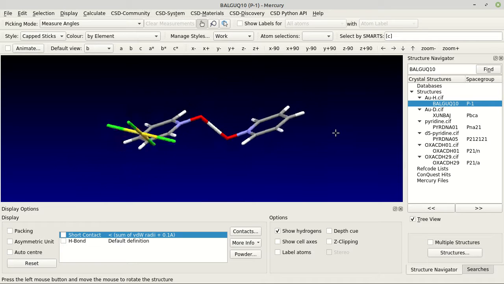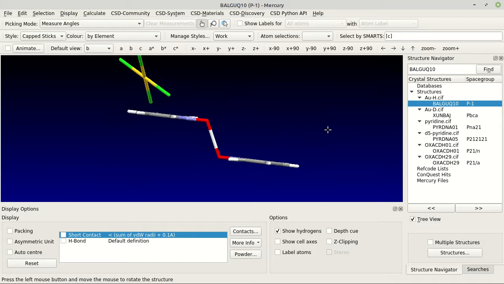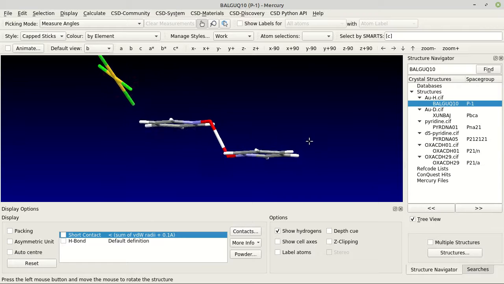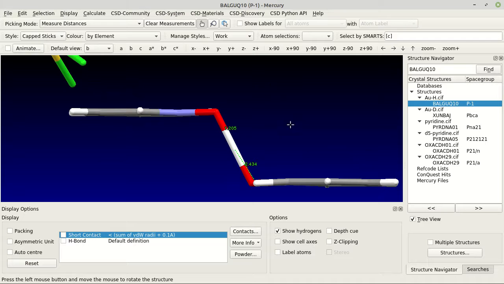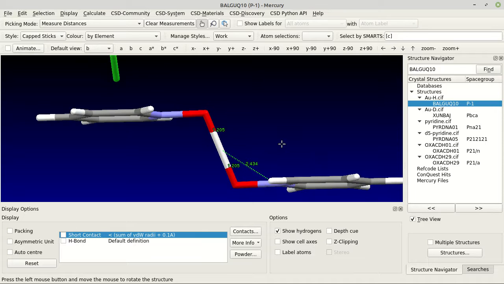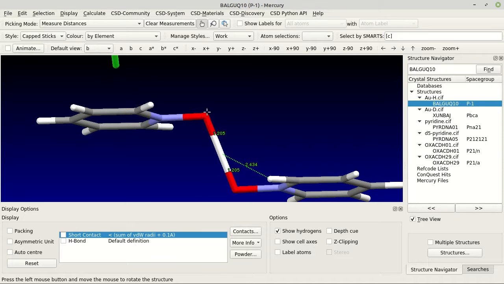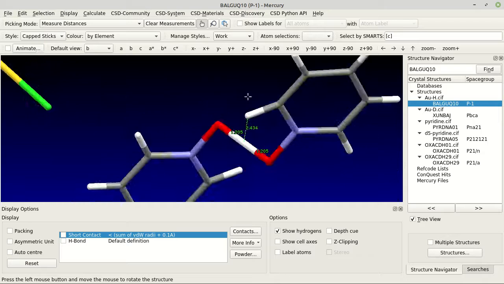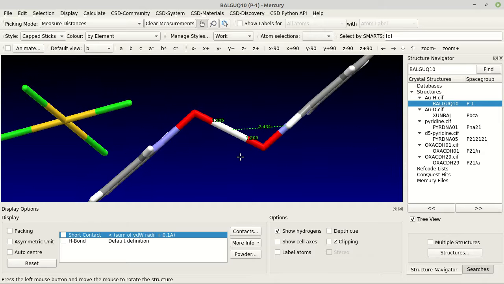And now have a look at this organic compound. What we see is strongly symmetric. If you measure the distance, you will see this is exactly identical, with the same distance, no difference.